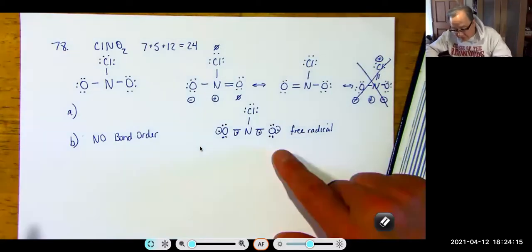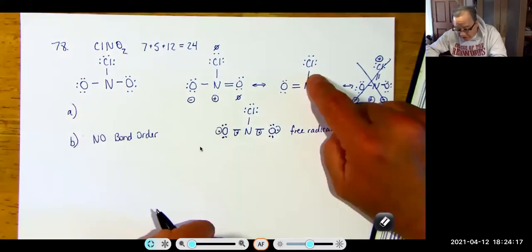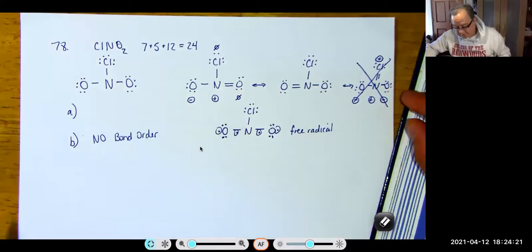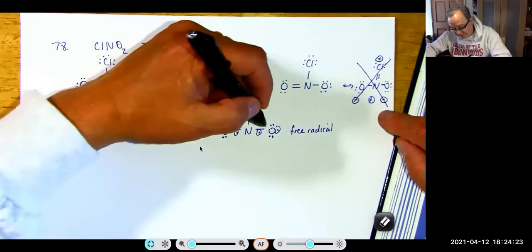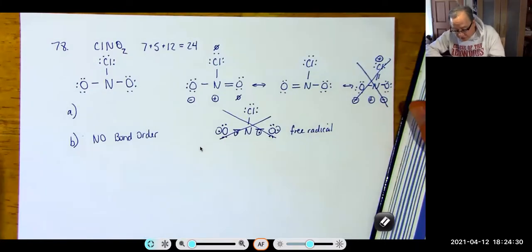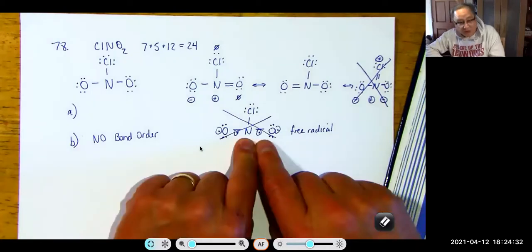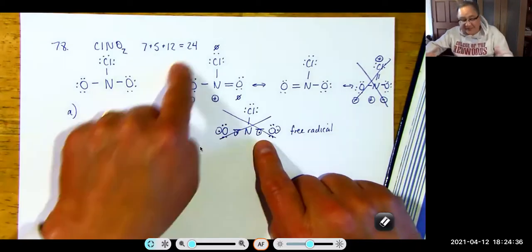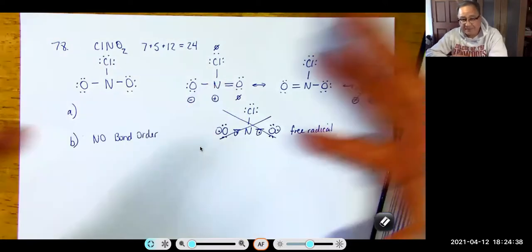And this is not a free radical. There's no single electrons anywhere. So that's why we can't draw this. It's inappropriate. So what I'm trying to tell you here is that if we can't draw this for the molecule, then what we do is we draw this, and we kind of say it's an average of the 2.